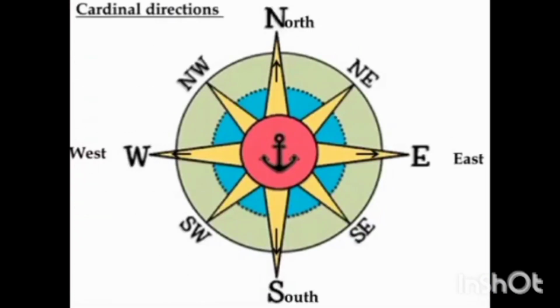Let us first start with the directions. To read a map correctly, it is necessary to have an understanding of directions. The four directions that are universally accepted are east, west, north, and south.